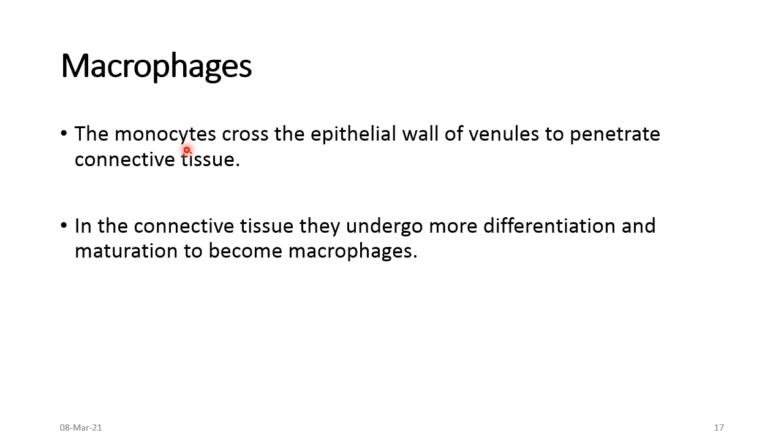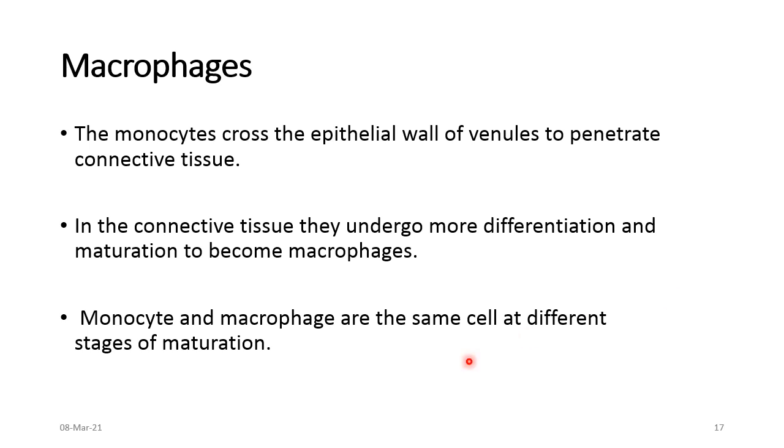Monocytes circulate in the blood. They reach the connective tissue by crossing the epithelial wall of the venule. In the connective tissue, they undergo further differentiation and maturation to become macrophages by increasing in size, acquiring phagocytic vacuoles and phagocytic characteristics.